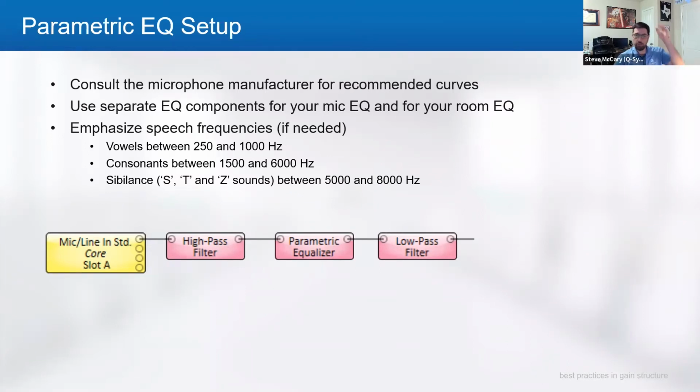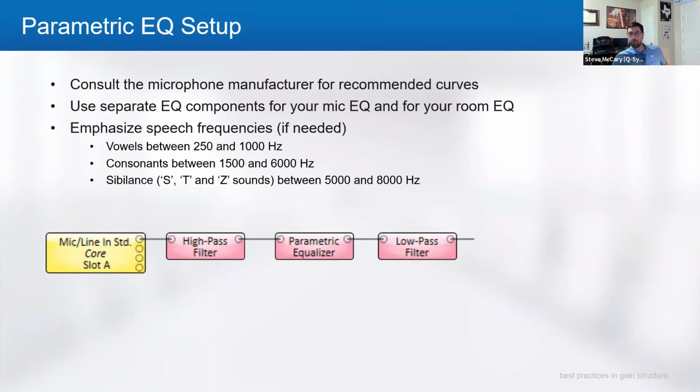Use separate EQ components for your mic EQ and your room EQ. We talk a lot about this if you've watched the dynamic audio processing class, where we go into input processing versus output processing. I always recommend that you have a high pass, low pass, and a parametric for all of your inputs, just to smooth those out, especially microphones.